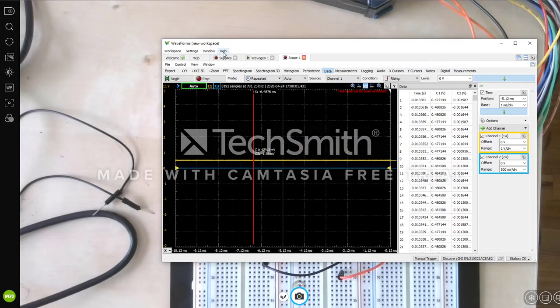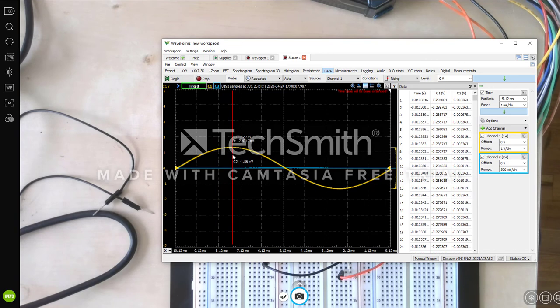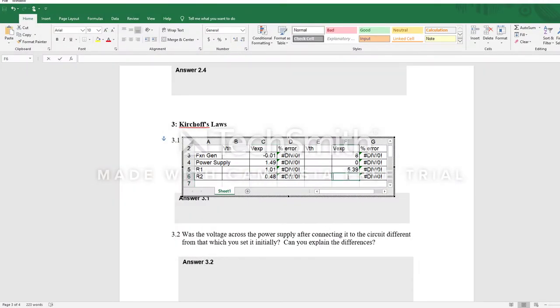Right, let's see the peak-to-peak AC voltage. It is around 1.3 to minus 1.31 maybe, so let's record it as 2.62 volts.